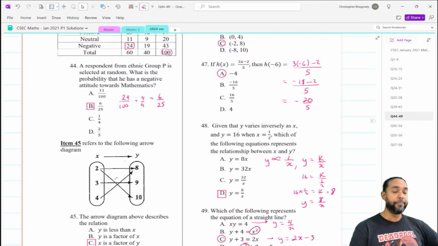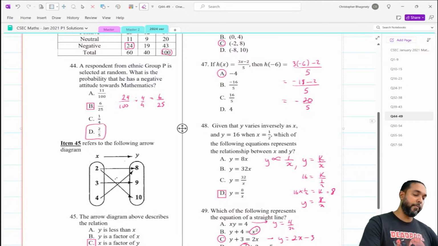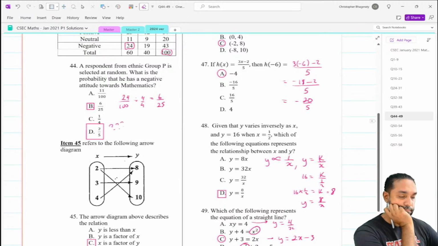Over 60 alone. That was my initial reaction to, if we did 24 over 6, there's a 4/10, which is 2/5. So it's possible it could be D instead.